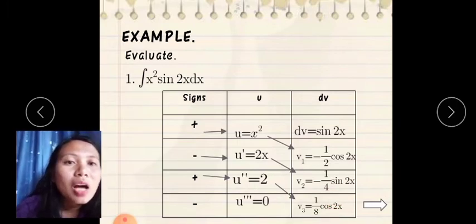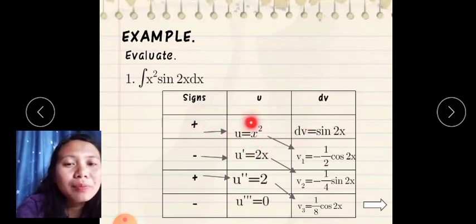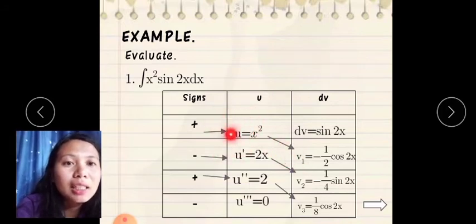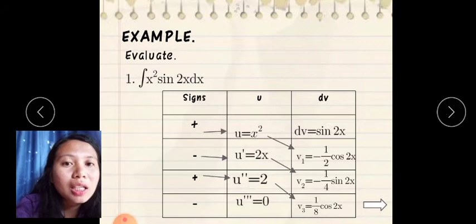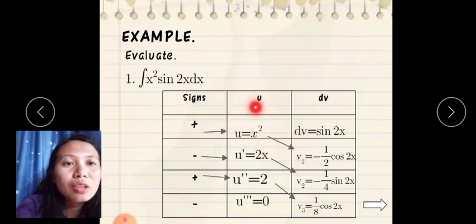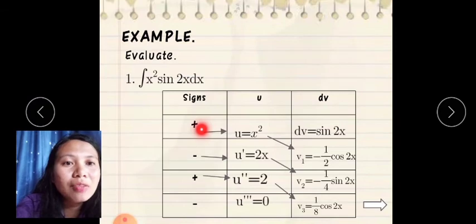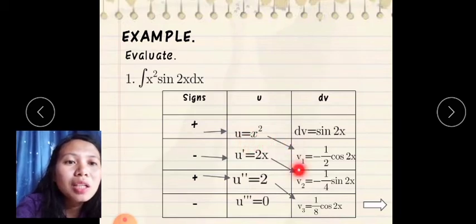Now, kay naa naman ta ani nga mga value, i-apply na nato, i-multiply na nato ang signs, u and dv. First, we have here the positive times u, which is x squared, times the first integral of dv, which is negative 1 half cosine 2x.